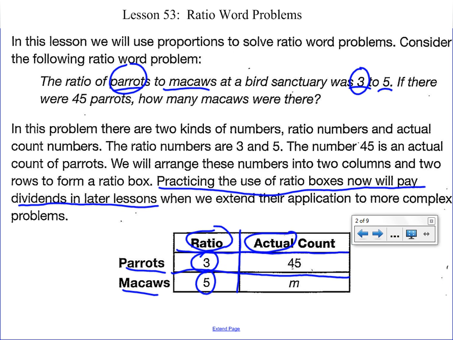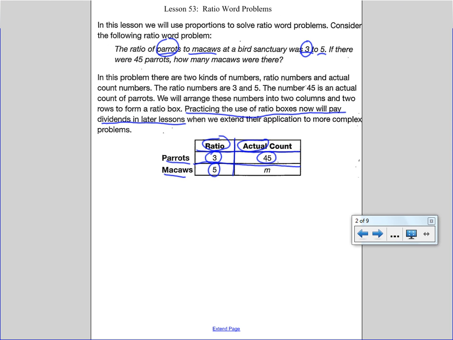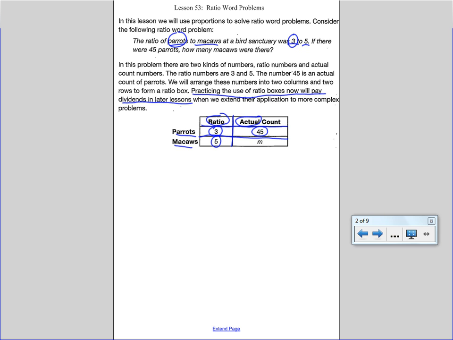Then the next sentence says, if there are 45 parrots, 45 is the actual number of parrots. So we put 45 under the actual column with parrots. So we don't know how many macaws there are. This has set us up a proportion.